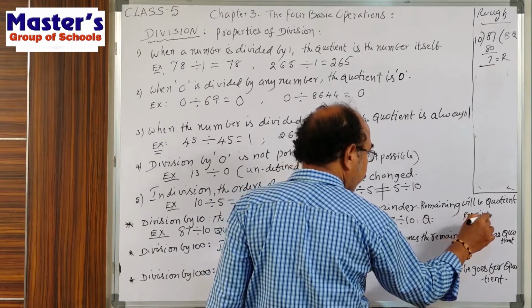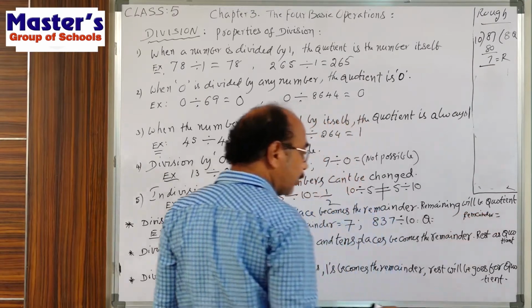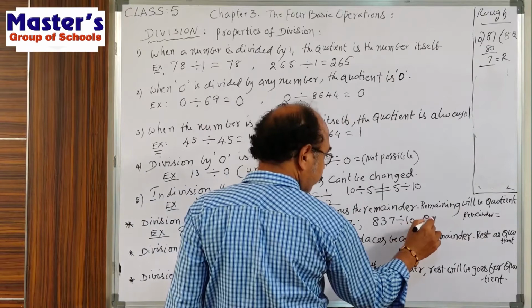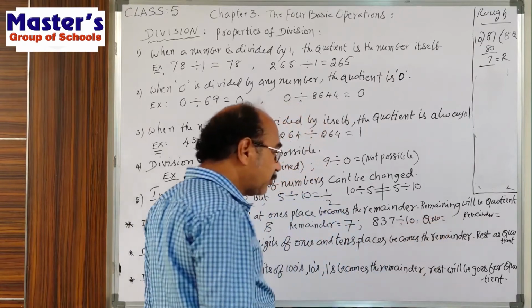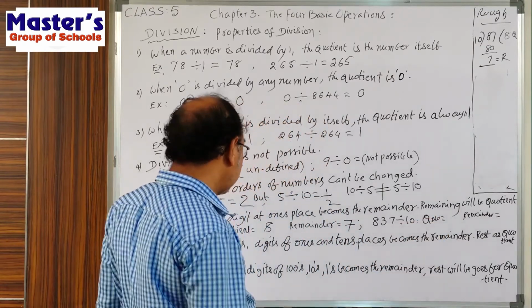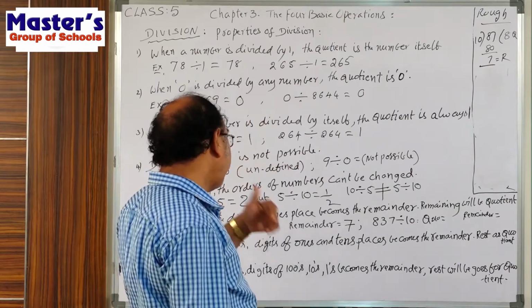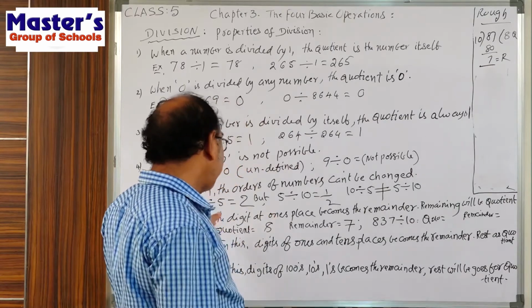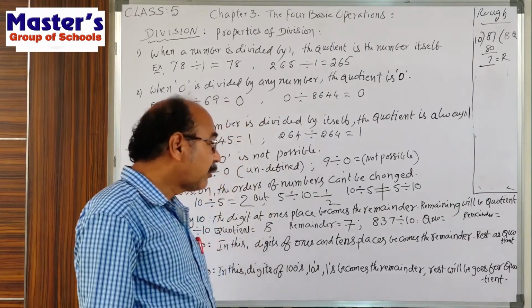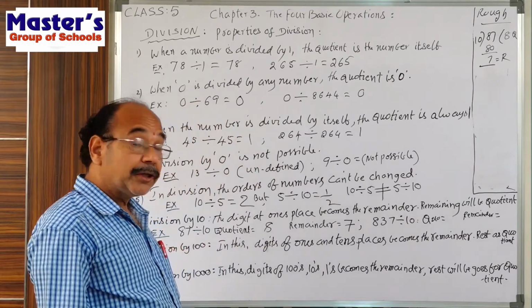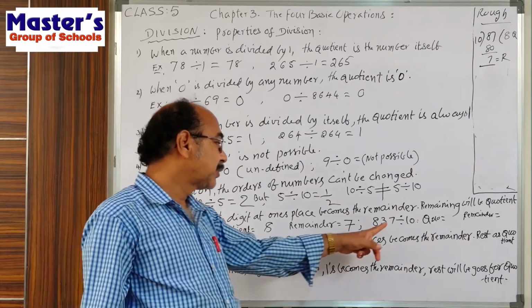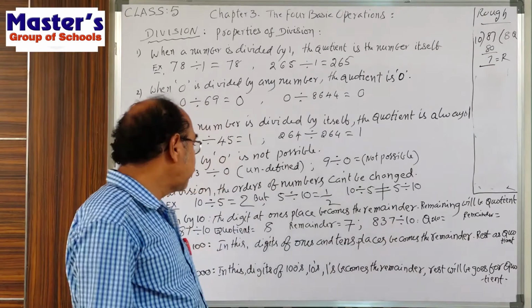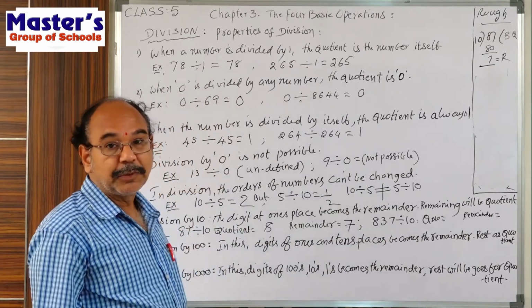What is the remainder? What is the quotient? According to the point, what is the digit at one's place? 7. 7 is the digit at one's place.